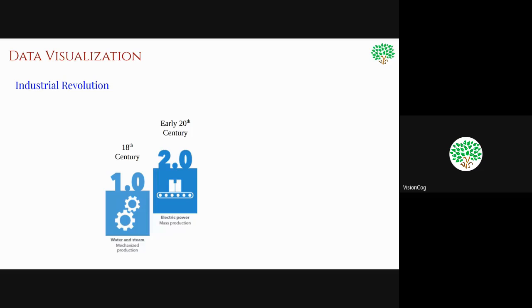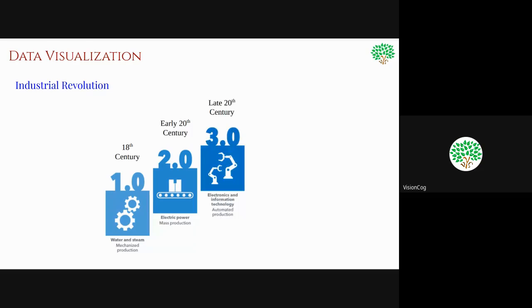Industry revolution 2.0 happened in the early 20th century. That was more about electricity and related revolution in industry, which is also related with mass production.